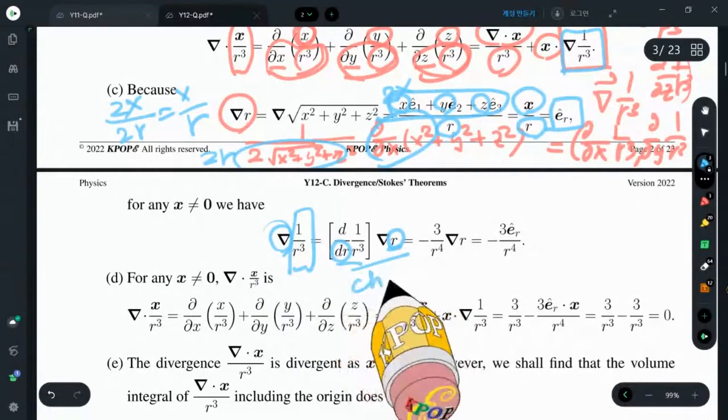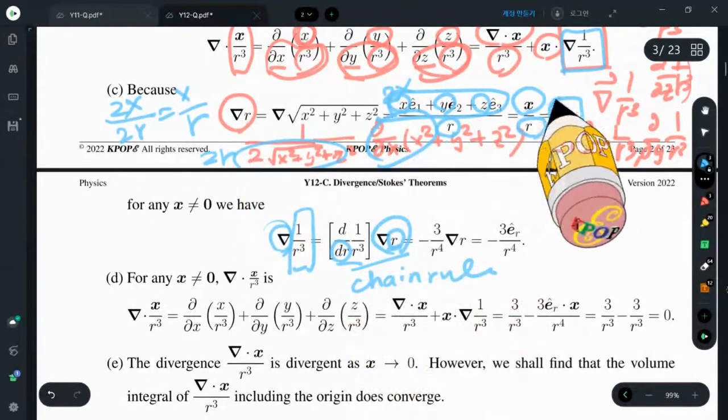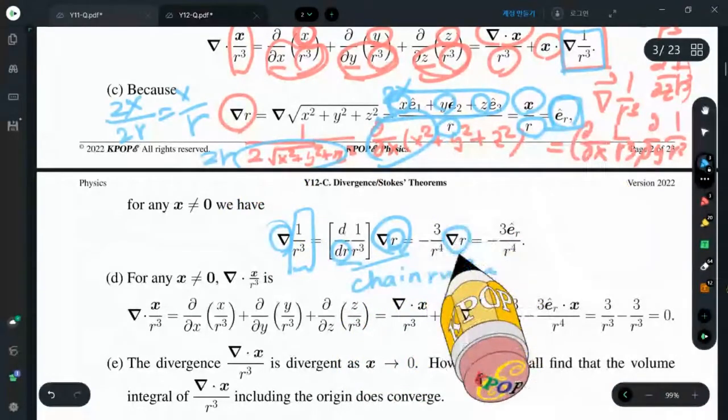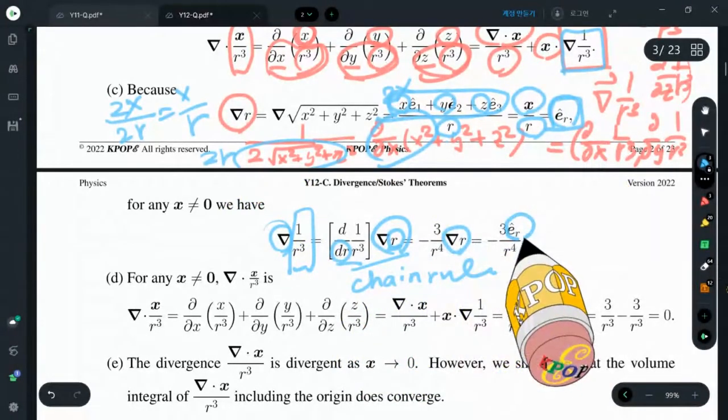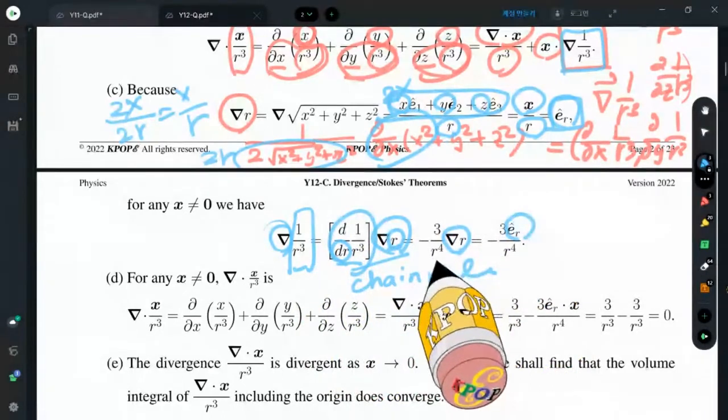So it's this chain rule. And the gradient of r, we know, is a unit vector. And what's that? This is minus 3 over r to the 4th power.